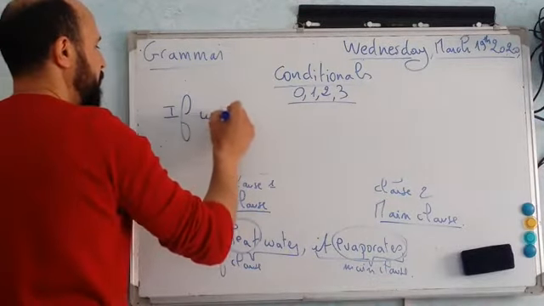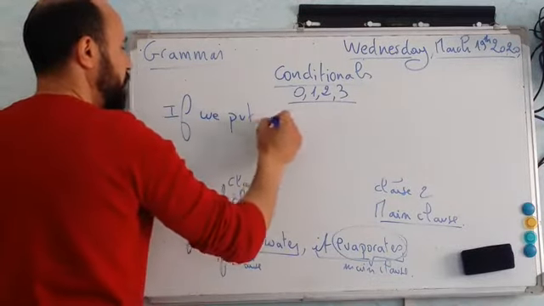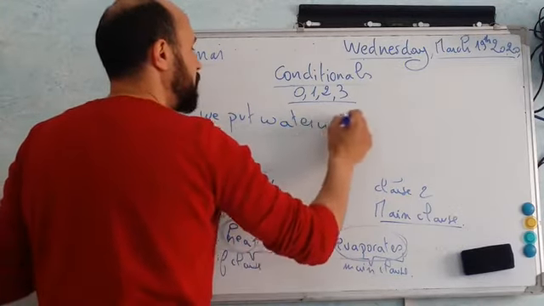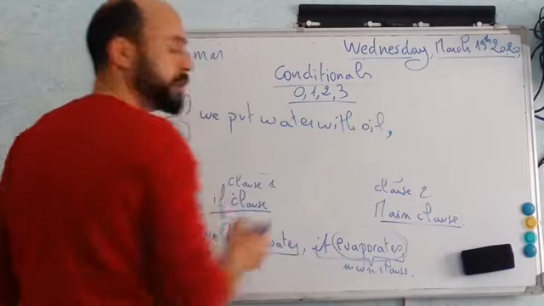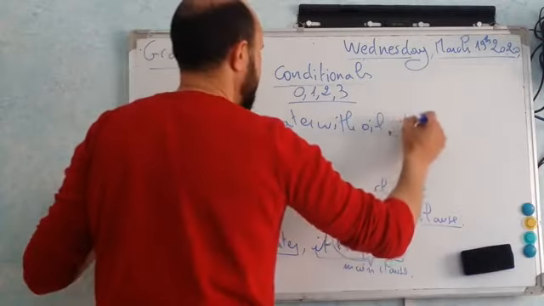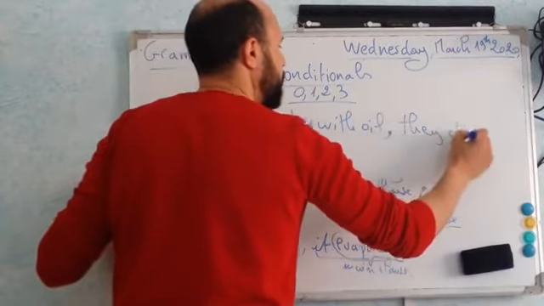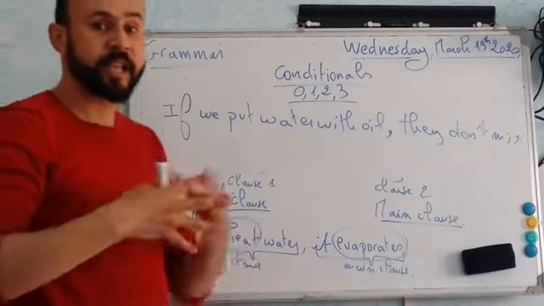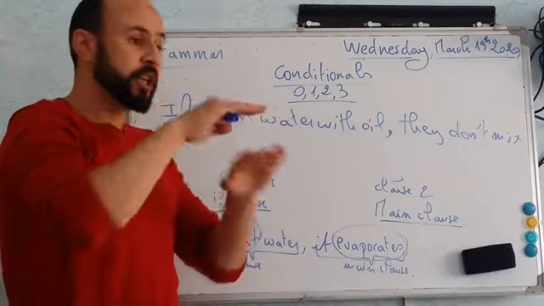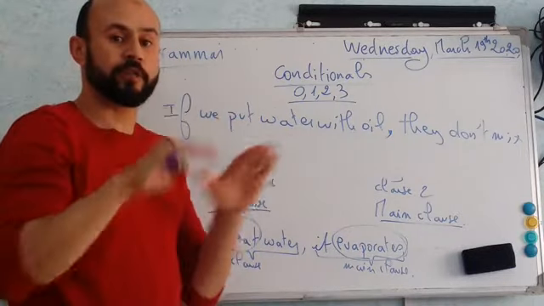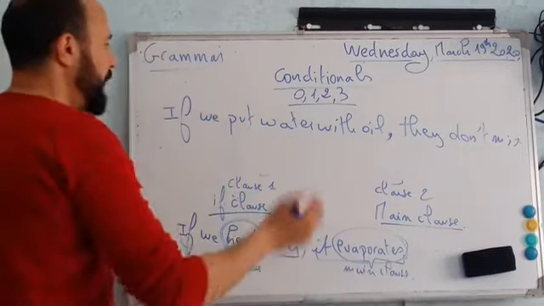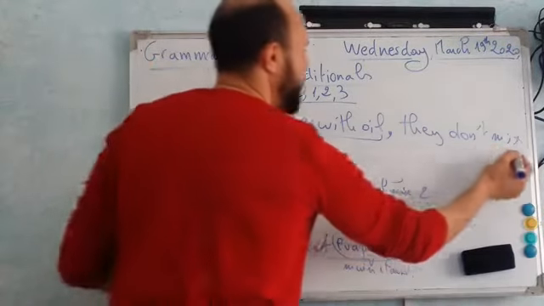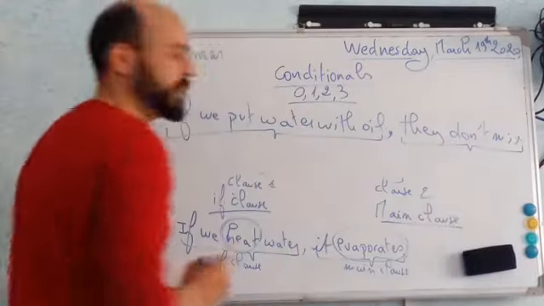If we put water with oil, the result is they don't mix. The oil floats over water. So the if clause is right here, and the main clause is right here.